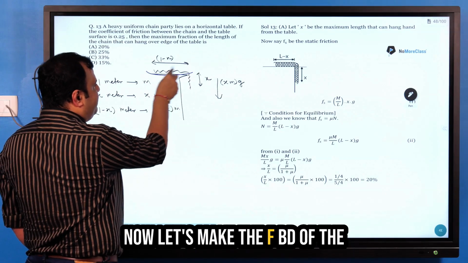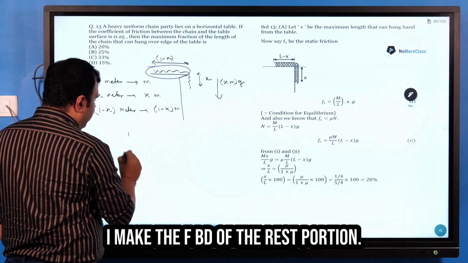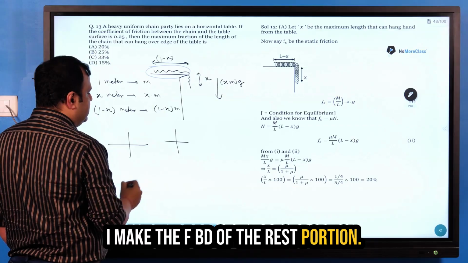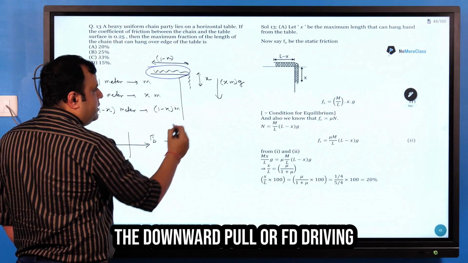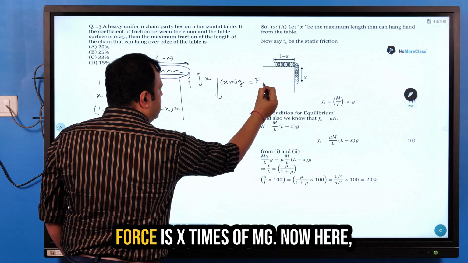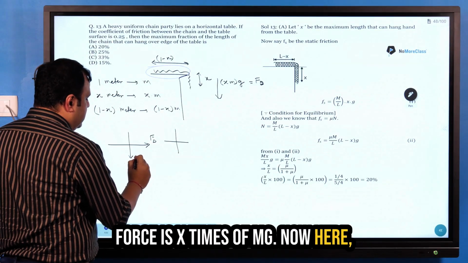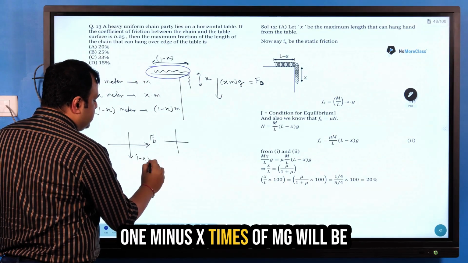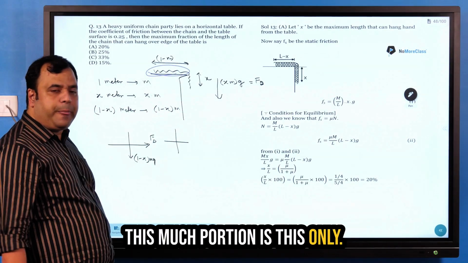Now let's make the FBD of the rest portion. If I make the FBD of the rest portion, the downward pull or driving force is x times mg. Here 1 minus x times mg will be downward because the mass of this much portion is this only.